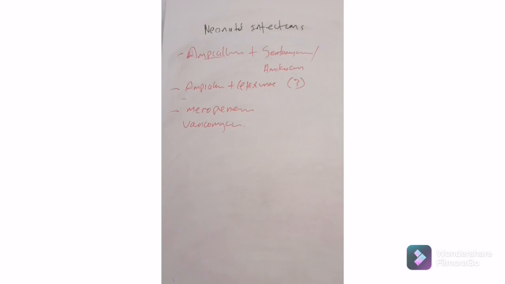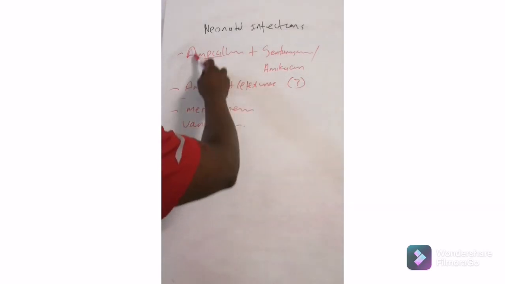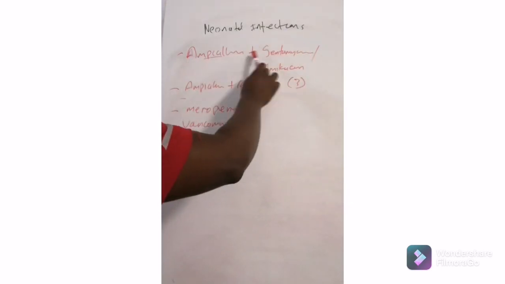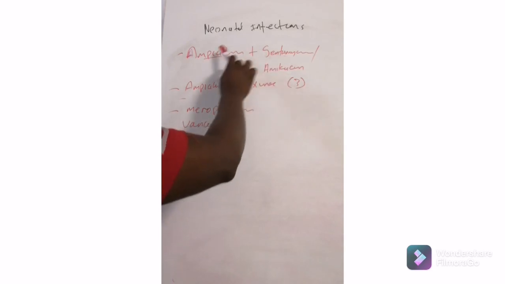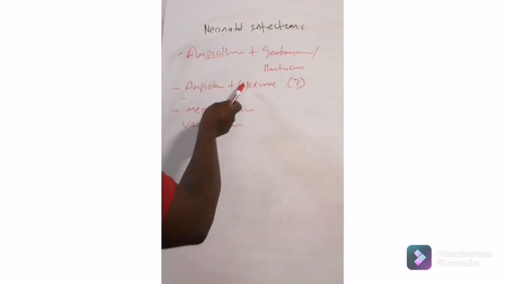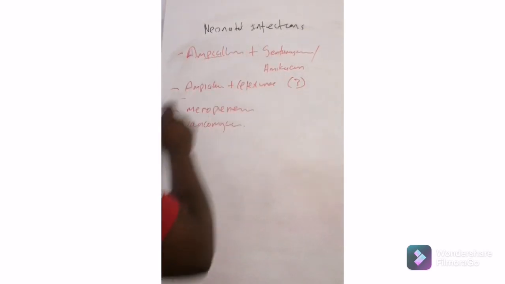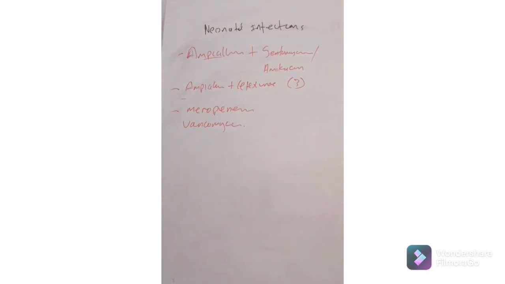But the first line antibiotics is usually ampicillin and amikacin, or ampicillin and gentamicin. And then depending on what you find, you can change to meropenem, vancomycin. But these are the common antibiotics that they use there.